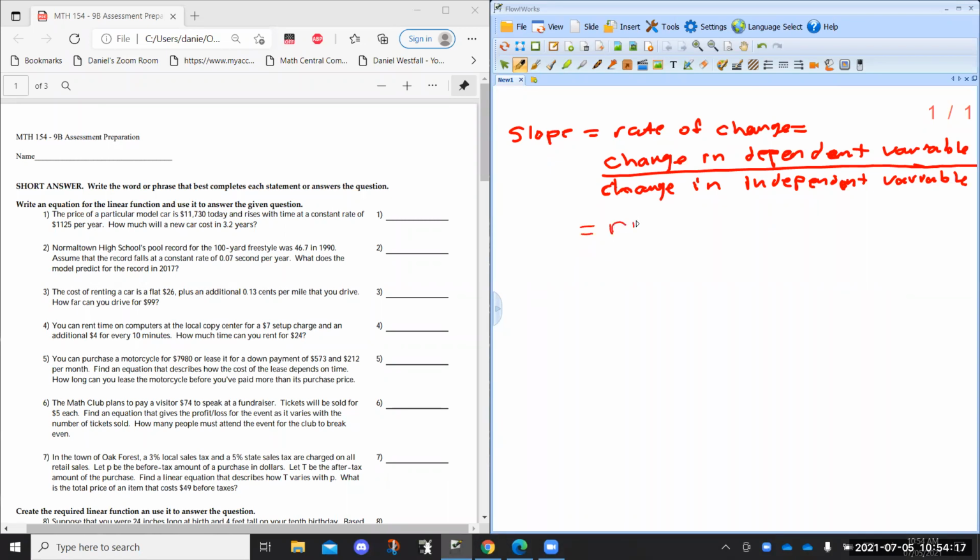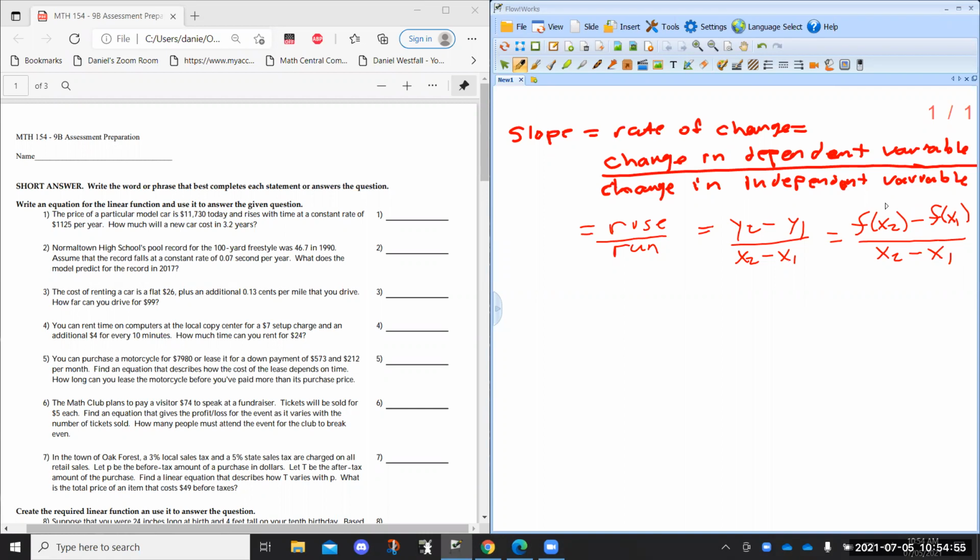You're used to calling this rise over run, and you may think of this as y2 minus y1 over x2 minus x1, or it's better to think of that as f of x2 minus f of x1 over x2 minus x1. I talked about this notation a little bit in the beginning of the last video, what that function notation means.